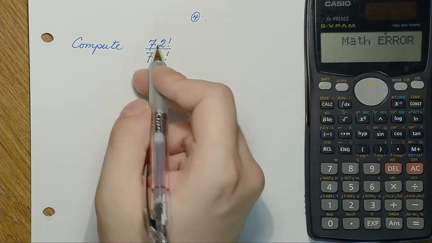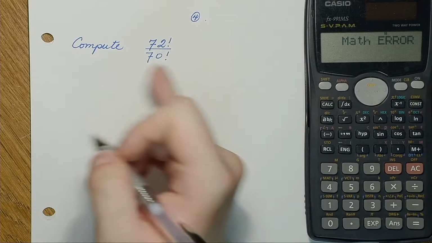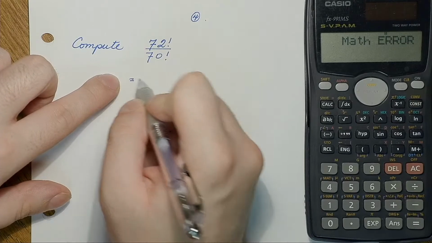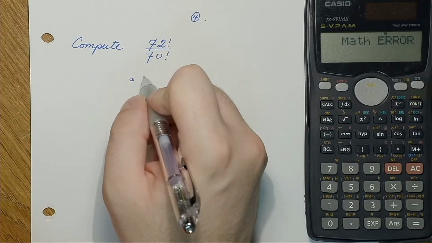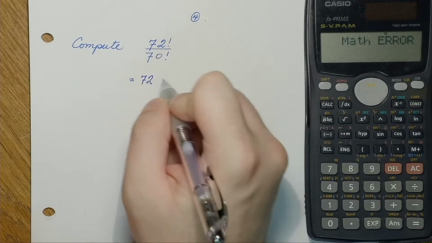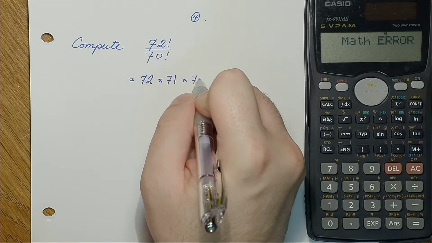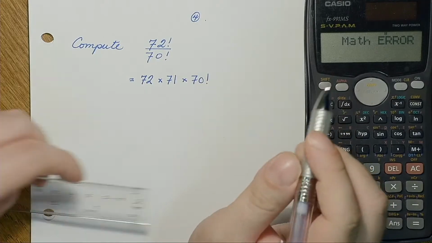And to do this, we can simplify this a bit. So what I can tell you is we can rewrite this so that I get 72 times 71 times 70 factorial.